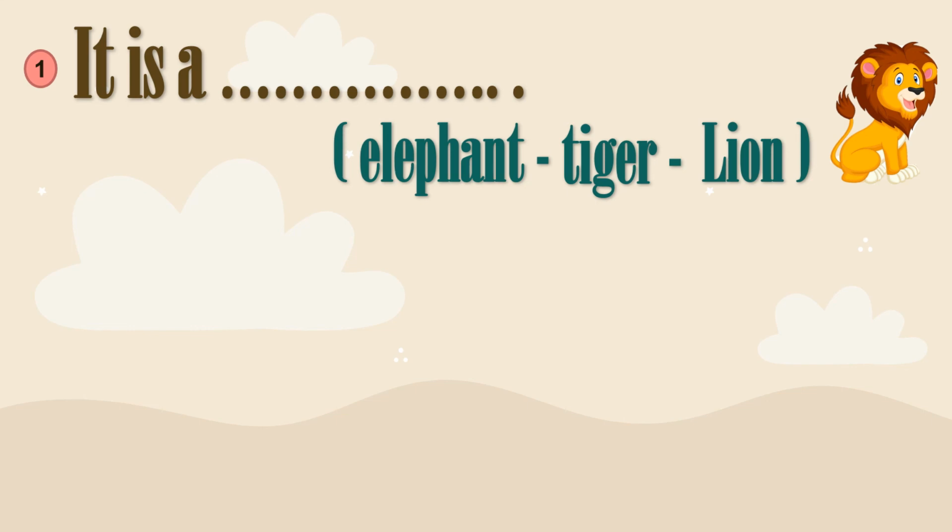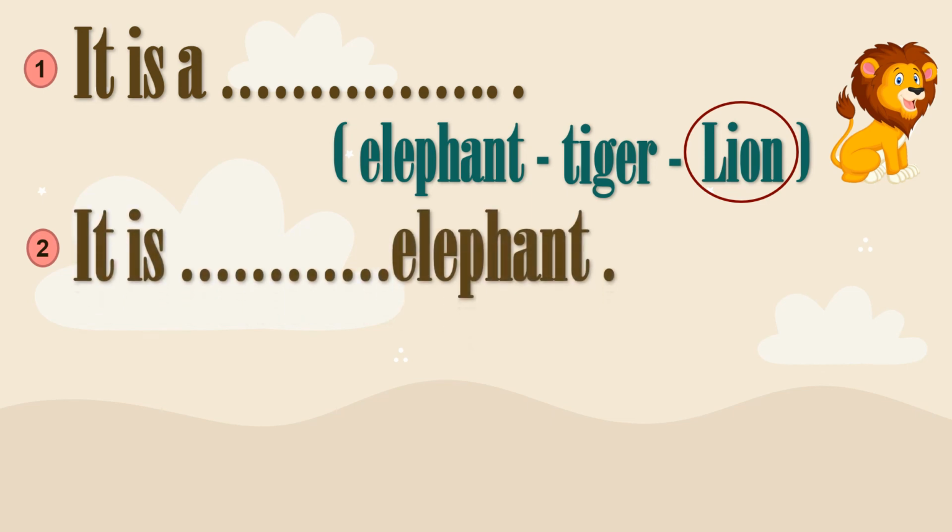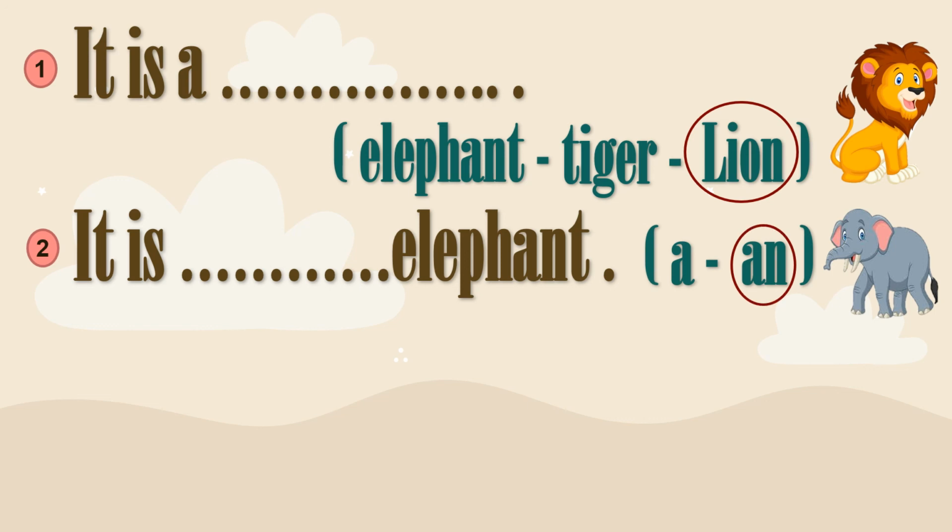Clever boy, lion. Second question, number 2. It is space elephant. We choose a or an. Clever boys, we put before elephant, an.